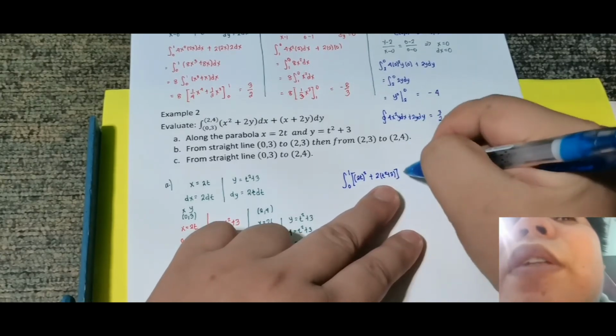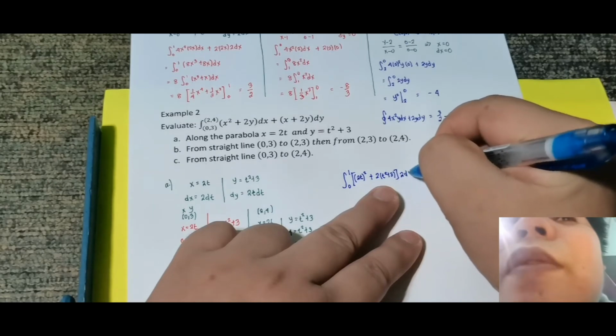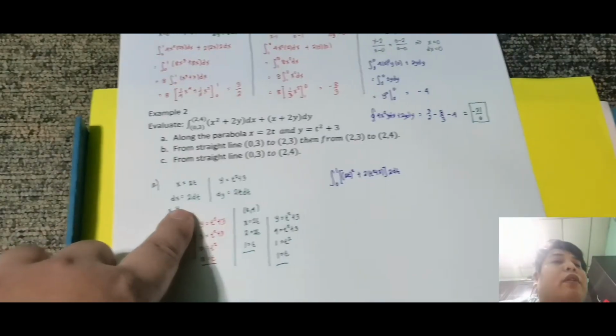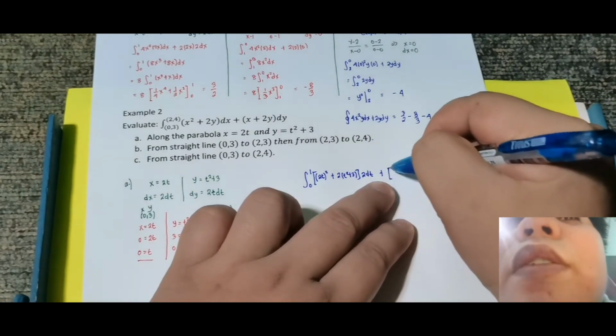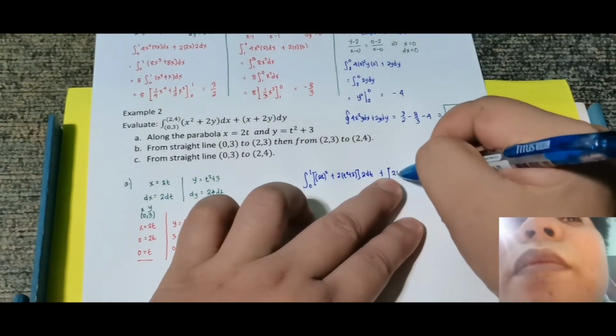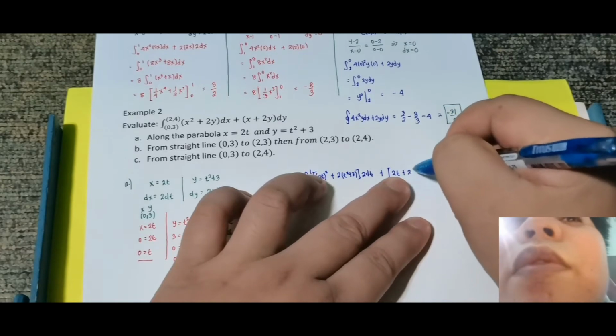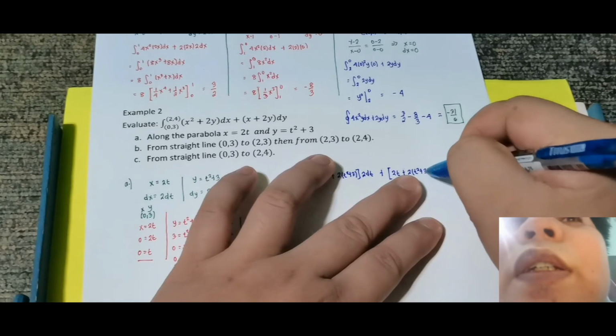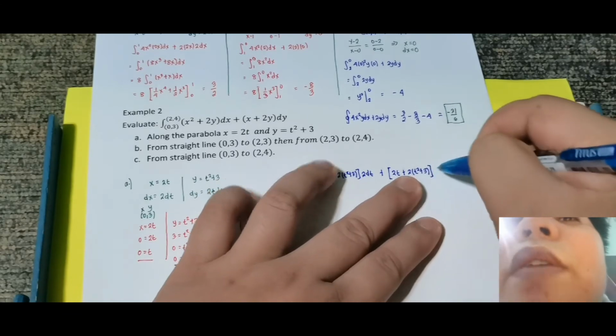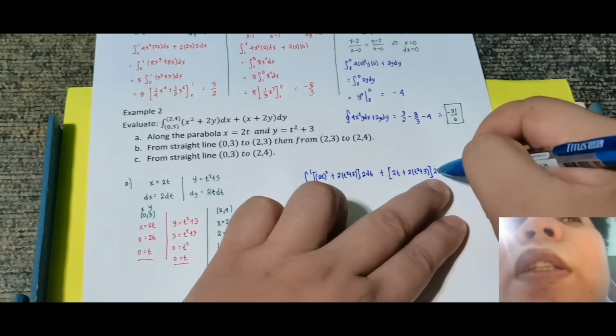Then dx is replaced with 2 dt. Next is plus x plus y, so this is 2t, then plus 2 times t squared plus 3. Then dy is 2t dt.